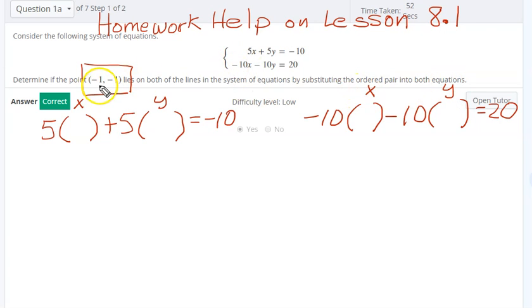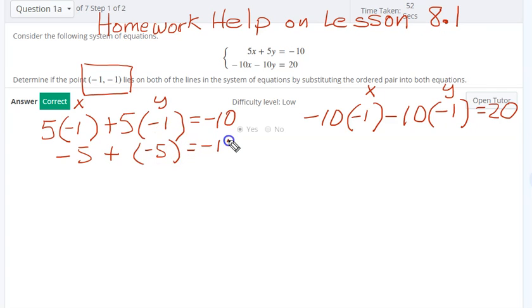And now we're going to put the x value as a -1, the y value as a -1, and for the second equation, x value -1, y value -1. So this is a -5 plus a -5.